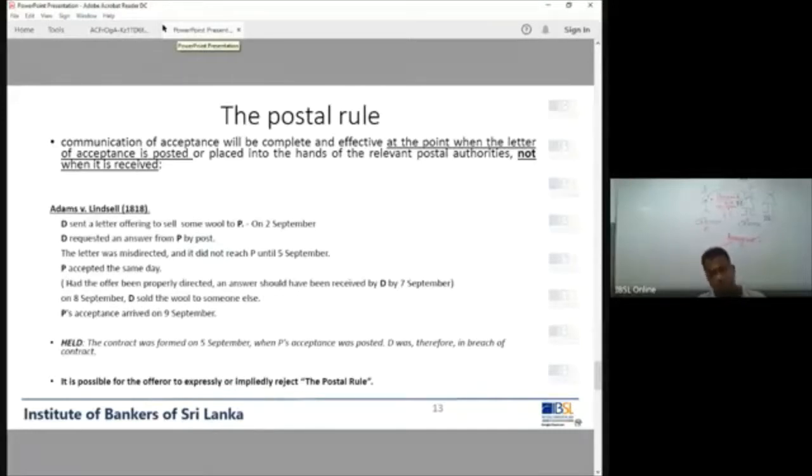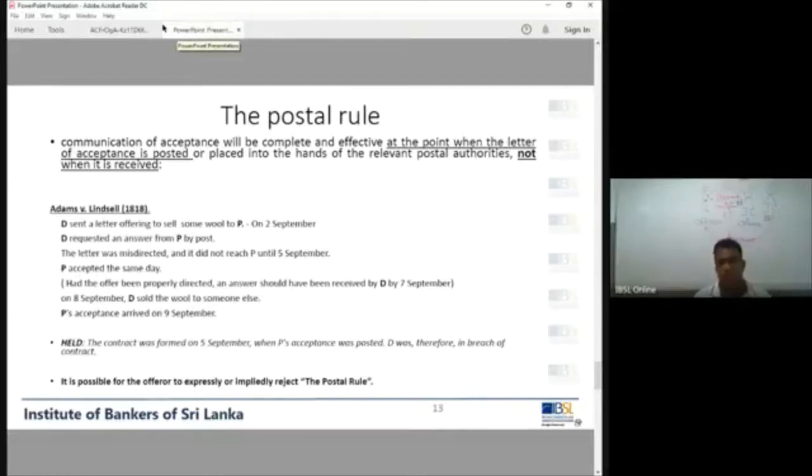So there is a case that I have mentioned here, that is Adams versus Lindsell. Very important case. When I say very important, you can't write a complete answer for the postal rule question without writing this case.